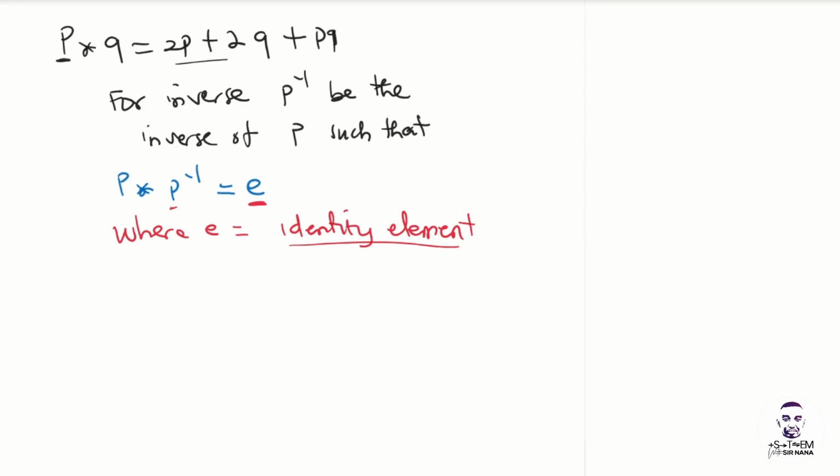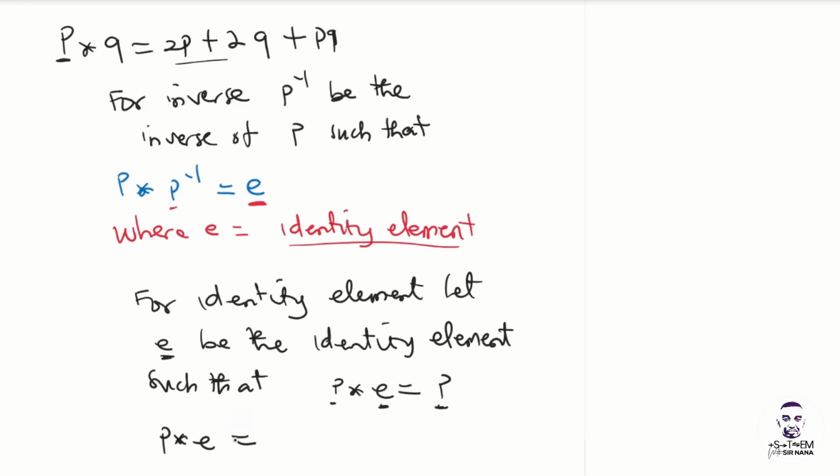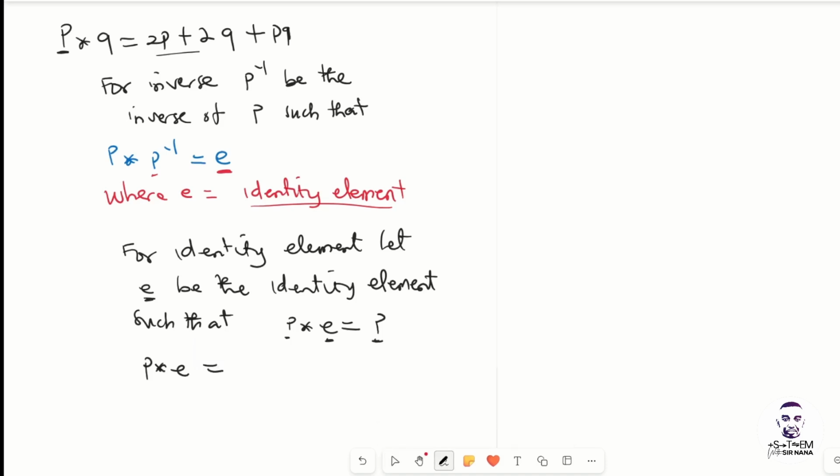So for the identity element, let E be the identity element, such that, and you must always be able to define the E, P operation E will be equal to P. So when you have P operation the identity element, it should give us P. Now let's consider P operation E. We substitute P for P and substitute Q for the E in the operation here.